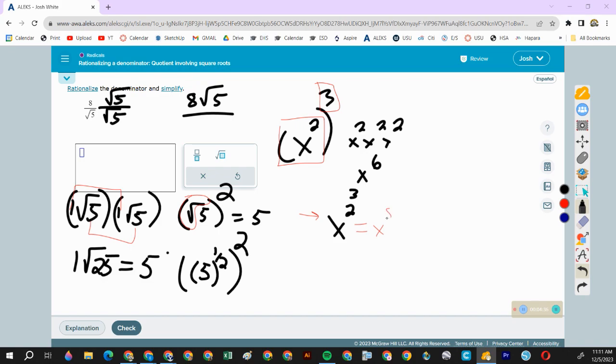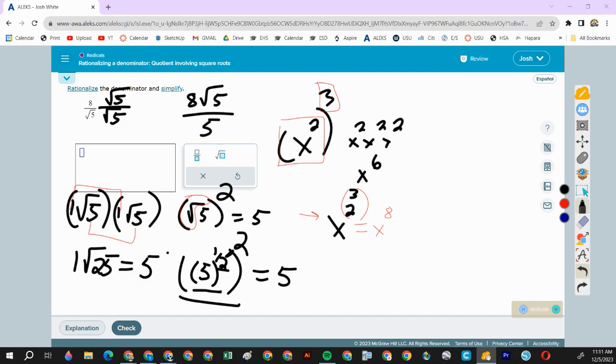So this would be x to the 8 because it's sort of like that. So when we have a base to an exponent raised to an exponent, we just multiply these. And what is 1/2 times 2? It's just 5. So lots of different ways to show that the square root of 5 times the square root of 5 is 5.